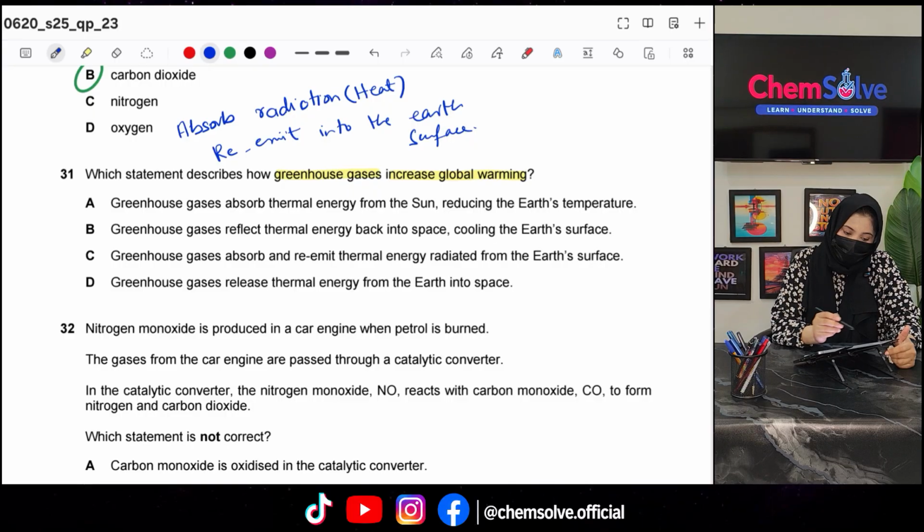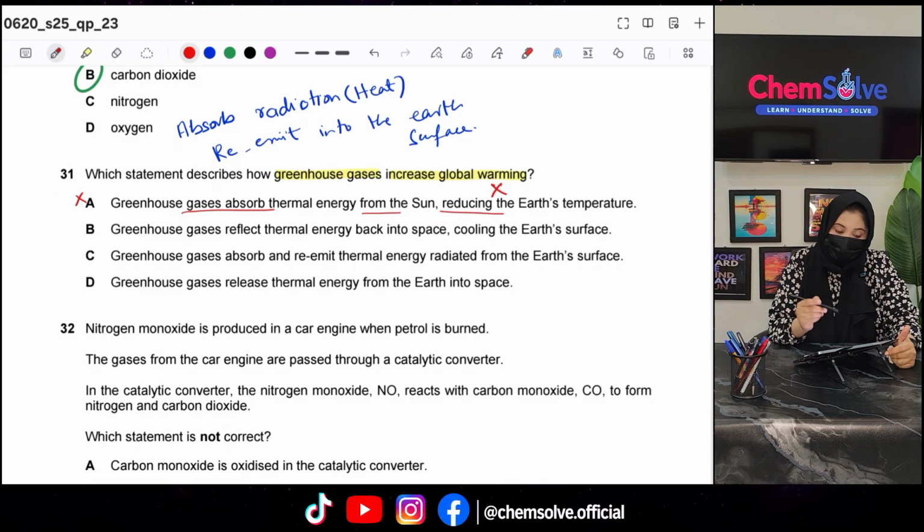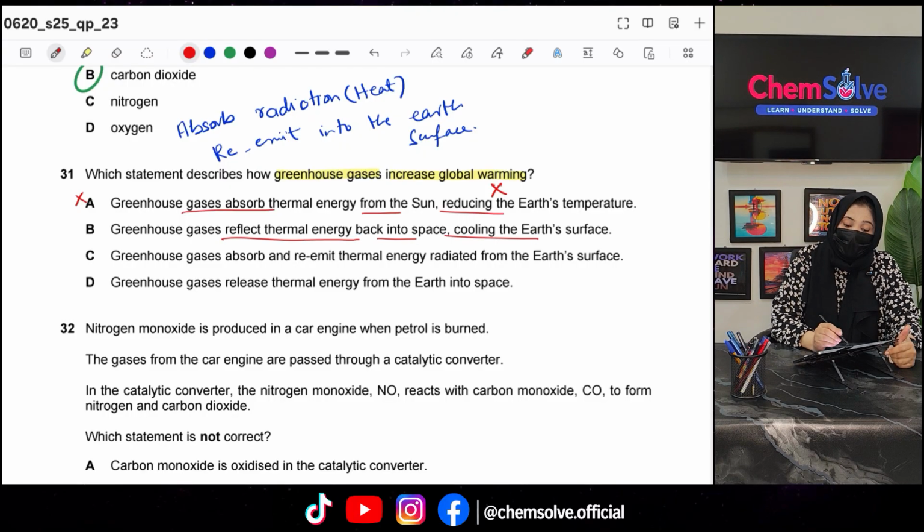So the first option says absorb thermal energy from the sun, reducing the Earth's temperature. Not at all. It increases the Earth's temperature instead. Reflect the thermal energy back into space, cooling the Earth. Global warming is instead heating the Earth.